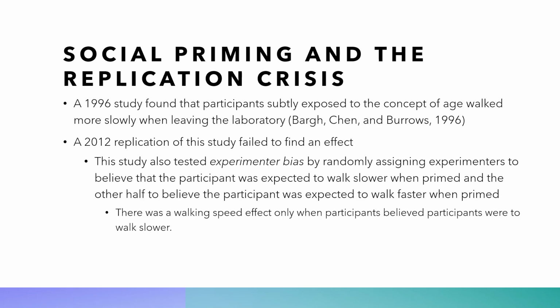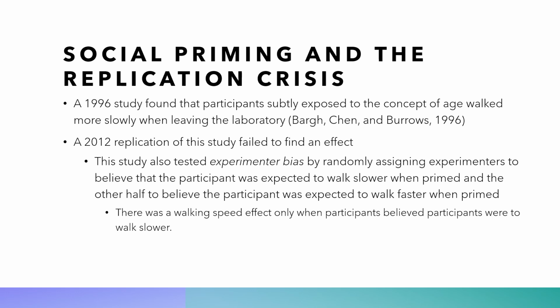To give you a more specific example, there was a 1996 study that found that participants who were subtly exposed to the concept of age walked more slowly when leaving the lab, right? So this is kind of what I was referencing earlier when I was saying that a lot of social psychology studies rely on this idea of the associative network and more concrete or abstract concepts within the associative network.